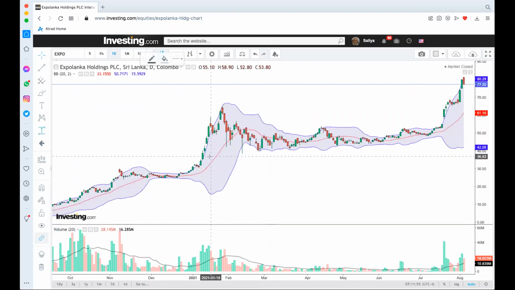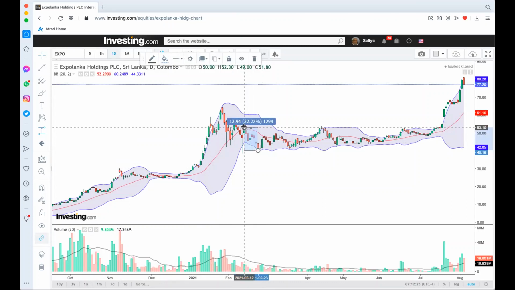If you can make use of the price range tool and understand when stock hits a low. I'm not referring to the Bollinger Bands itself, but looking at the low and compare that with the previous high and understand how much the upside potential is there within this range. Now, if you take this low against this high, you have a 32% return.